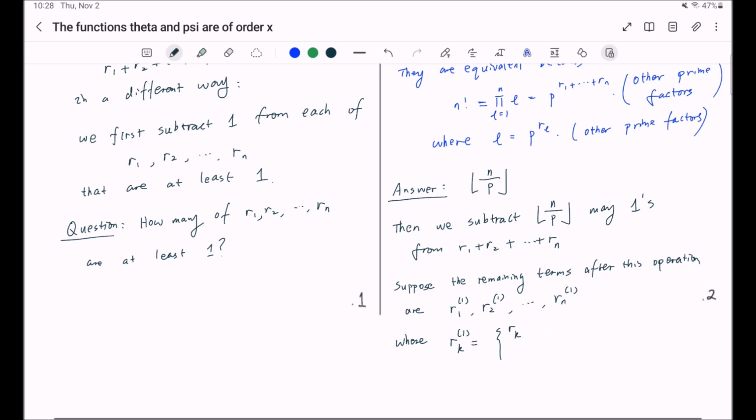So it will be either R sub k or R sub k minus 1, depending whether Rk is 0 or not. And this is further equal to 0 if Rk is less than or equal to 1, or Rk minus 1 if Rk is at least 2. Hopefully you should be able to see this clearly.